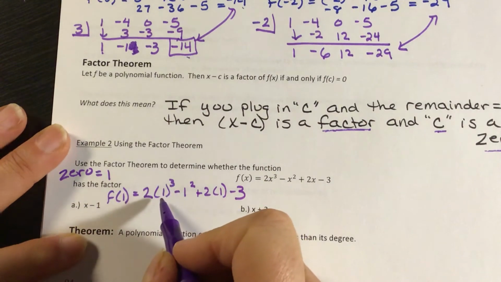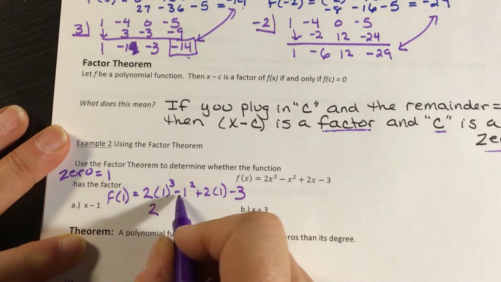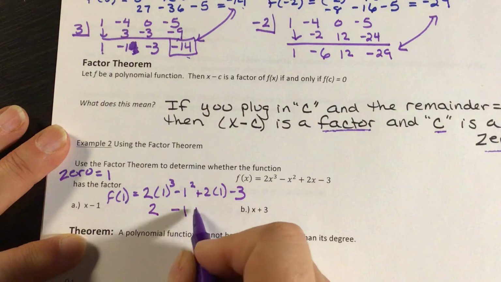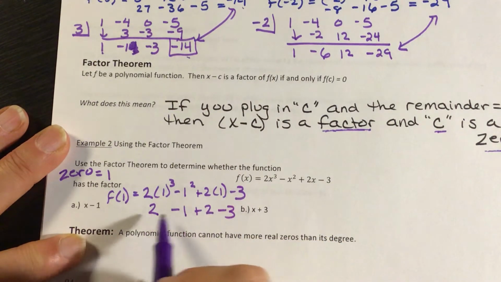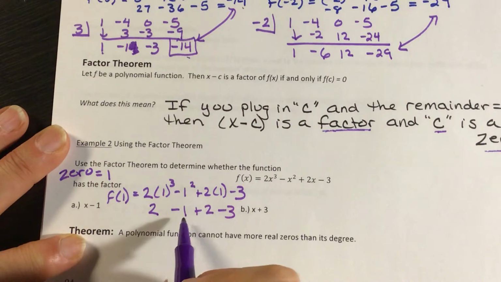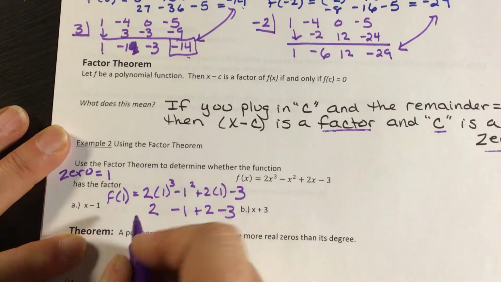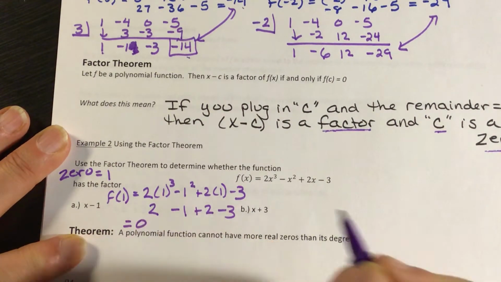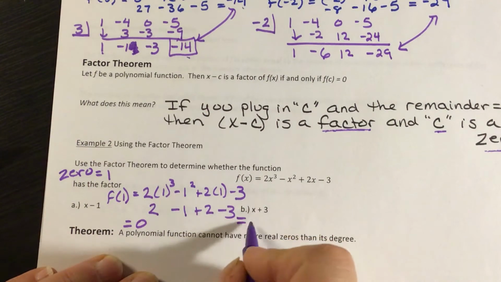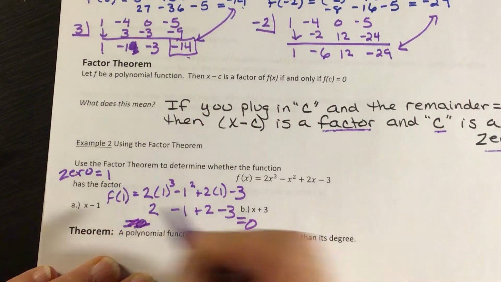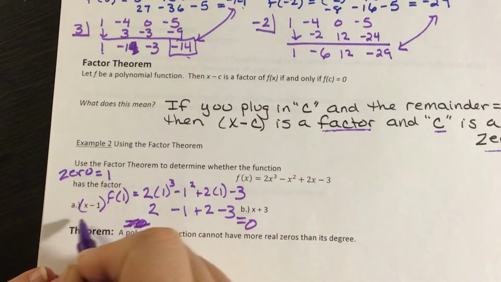So 1 cubed is 1 times 2 is 2, minus 1, plus 2, and then minus 3. 2 minus 1 is 1, plus 2 is 3, minus 3 is 0. So because I get a remainder of 0, that means that x minus 1 is a factor.